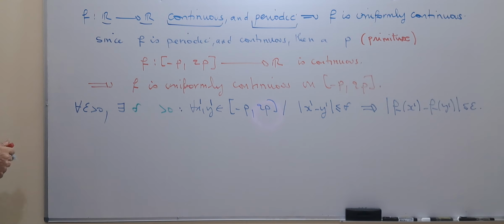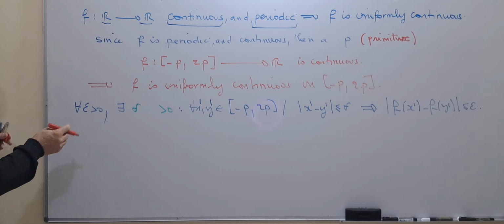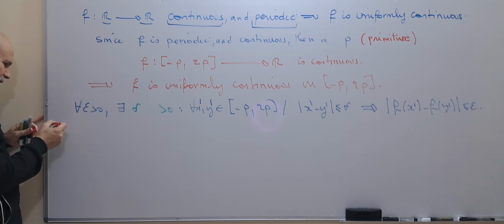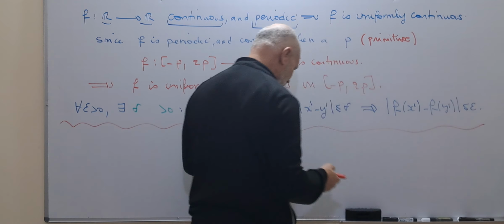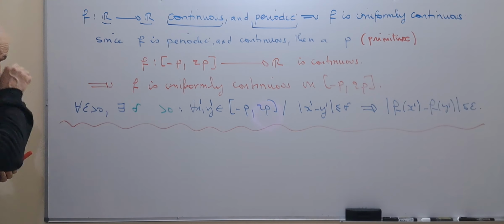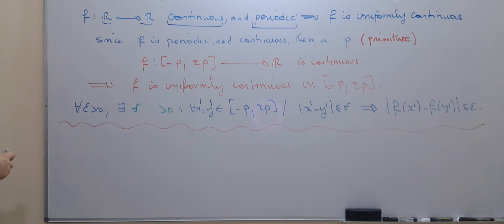This is the first step, the preparation. So keep this in mind and let us move to prove that f is uniformly continuous on R.